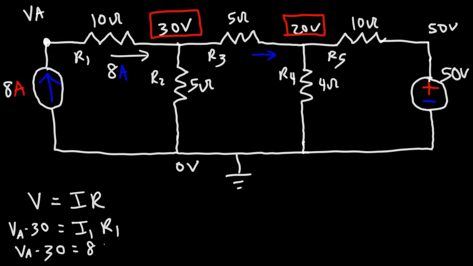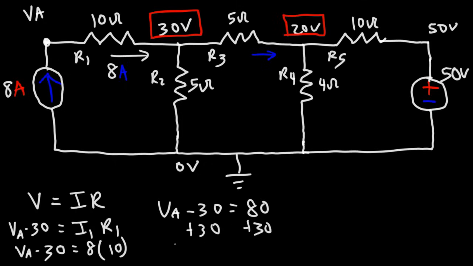I1 we know is 8, R1 is 10. 8 times 10, that's 80. So adding 30 to both sides, we can see that VA is 110.